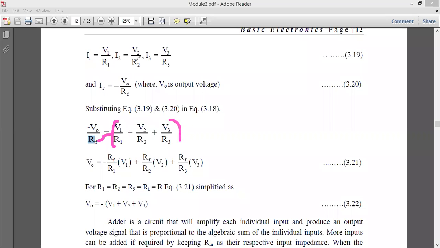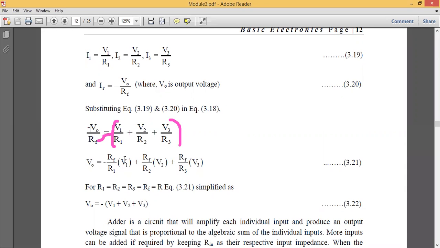If you multiply RF, what equation will you get? And one more term: you take this minus to the other side. So this minus comes here. So what is the equation? V naught is equal to, this minus comes here.